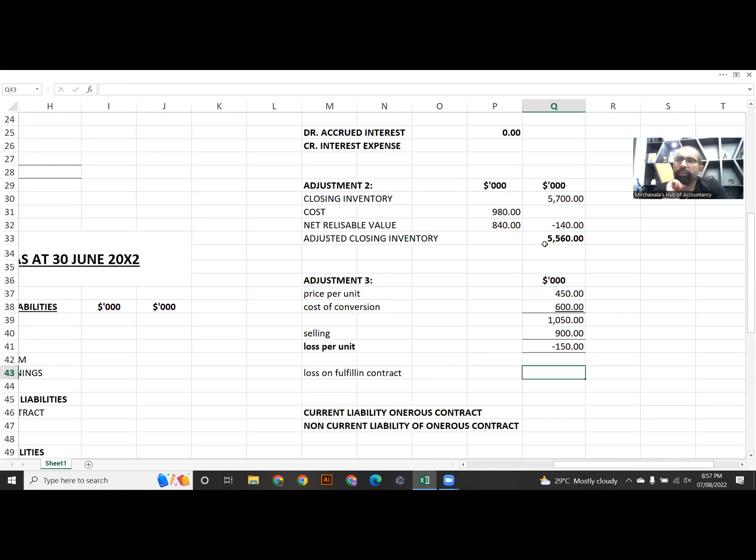Now what's the total loss? How many units did we have? 22,500 units, but we'll write without 3 zeros. So 22.5 times this 150. 3,375 is the loss.